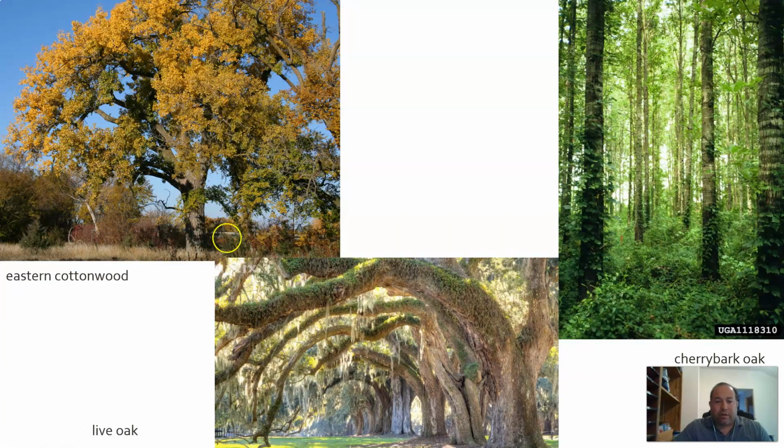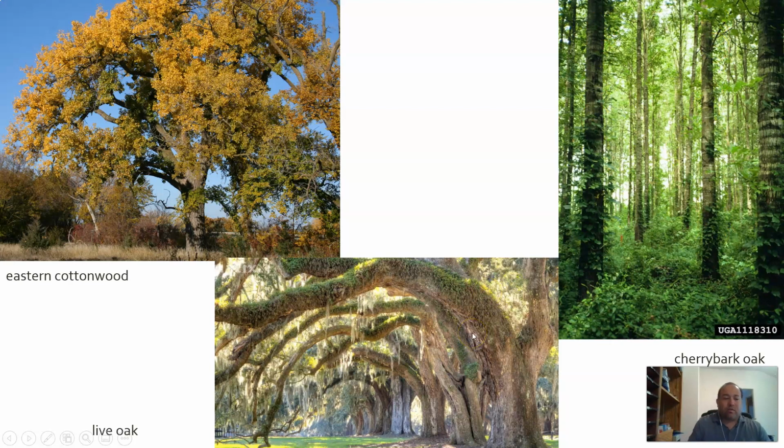Some of our hardwood species, so we talked about cottonwoods. Cottonwood is a pioneer species, grows real quick, grows usually along the banks of a river or right in a floodplain. And then also cherry bark oak, which can be a really valuable species if you get nice, beautiful, straight, tall ones like this.